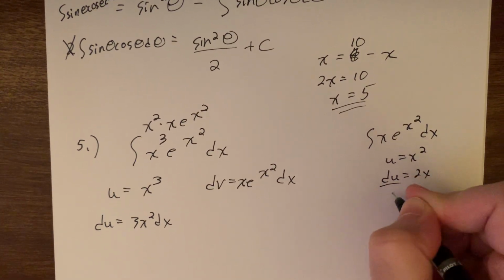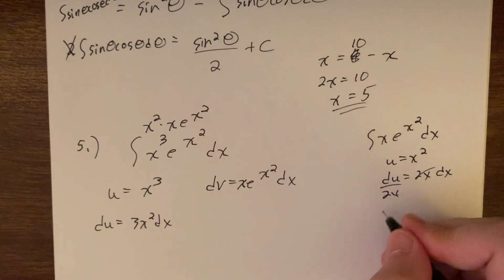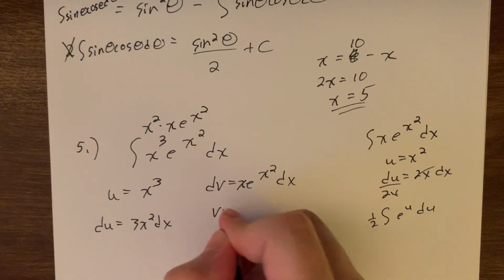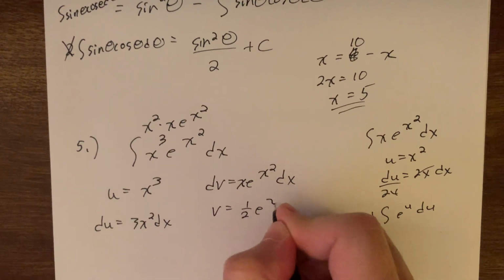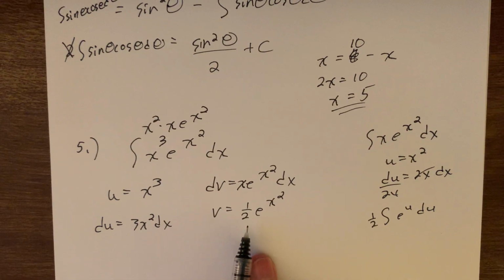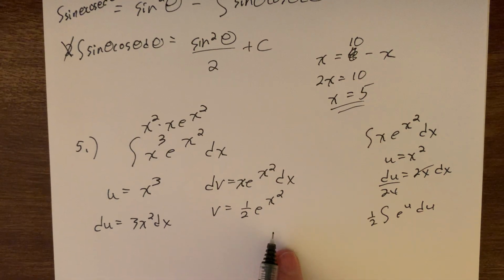You do get an extra 2. You'll get 1/2 e to the u du. So v will be 1/2 e to the x squared when you finish this part. But notice, you needed that x to make this antiderivative work.